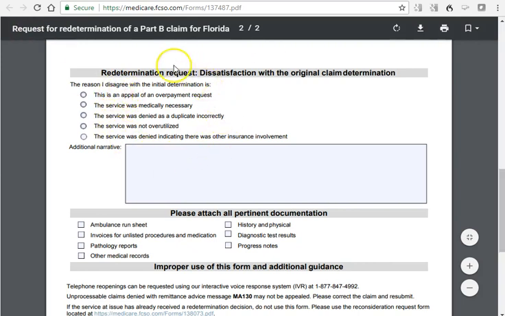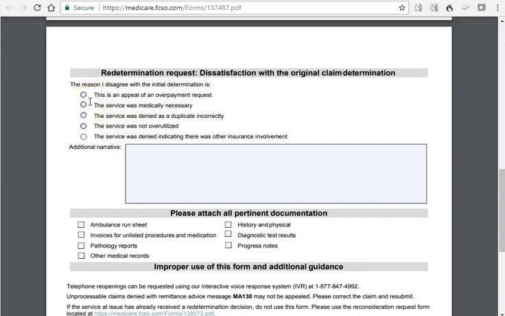Then this area is the real critical component. This is the explanation of why we were dissatisfied with the original claim determination.